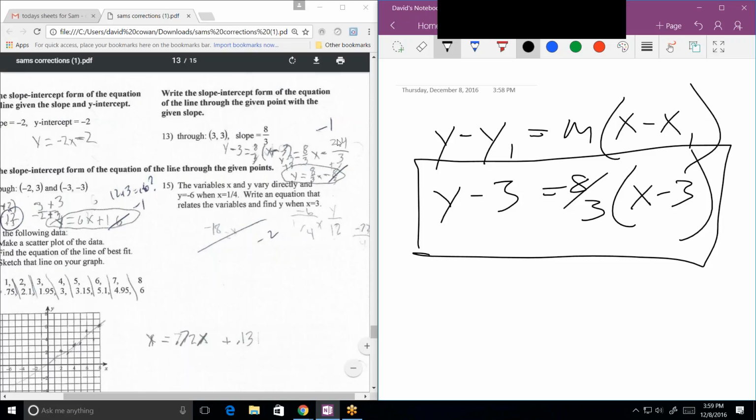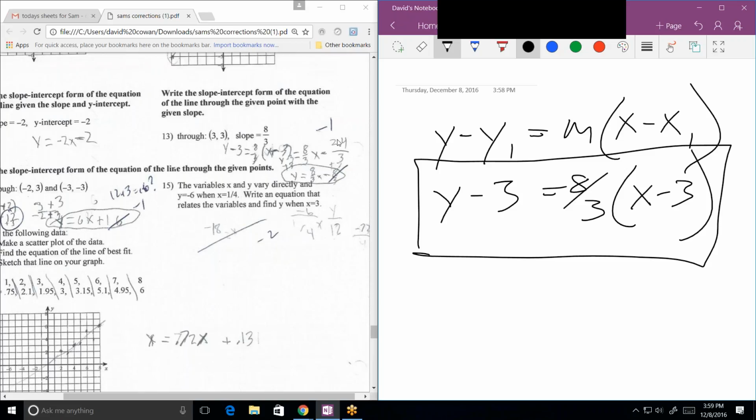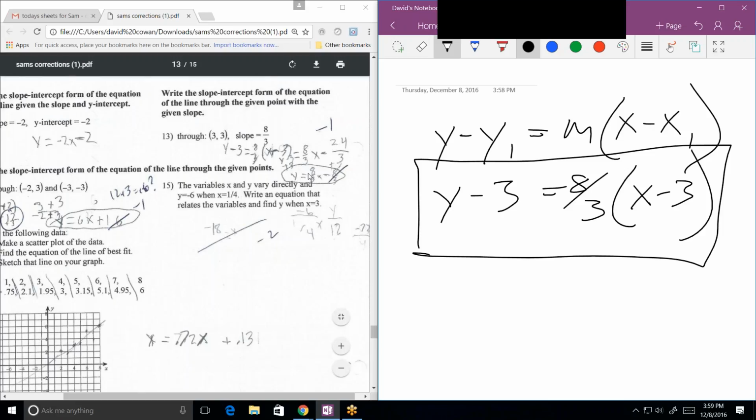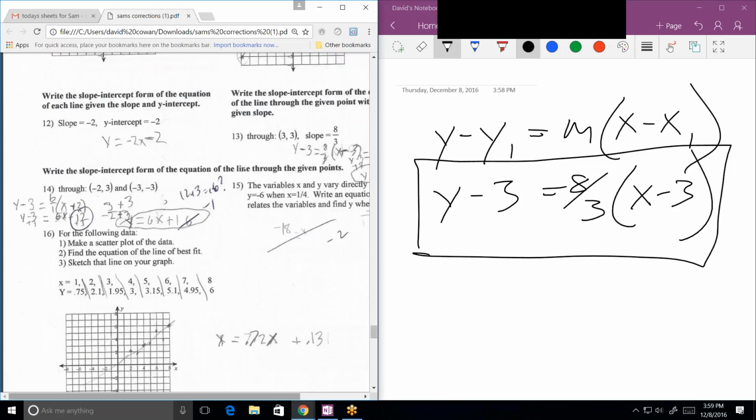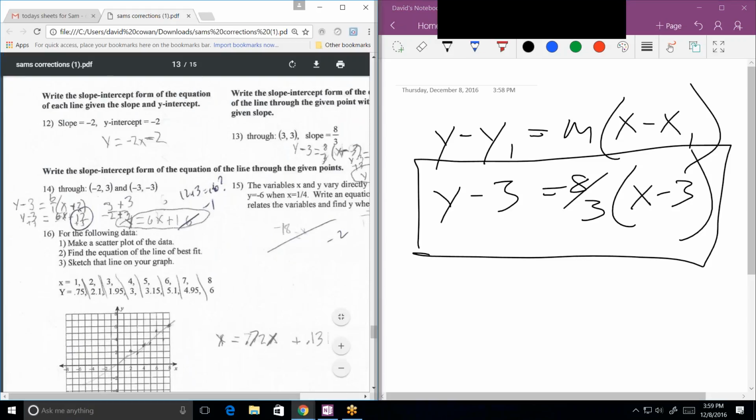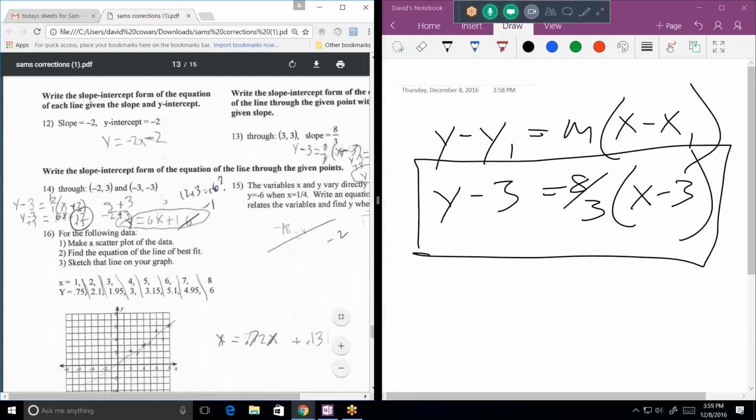But in this case, you have to move this 3 to the other side and distribute everything before you can put it into y equals mx plus b format. It looks like you tried to do that, but again, you made some arithmetic errors. I'm seeing a lot of your mistakes are not lack of understanding. They are arithmetic errors.